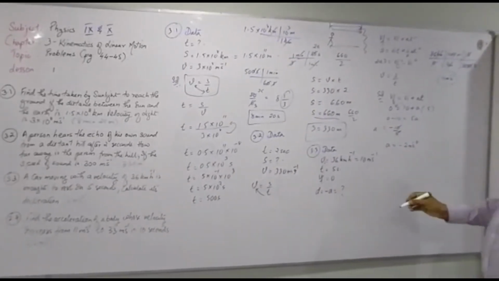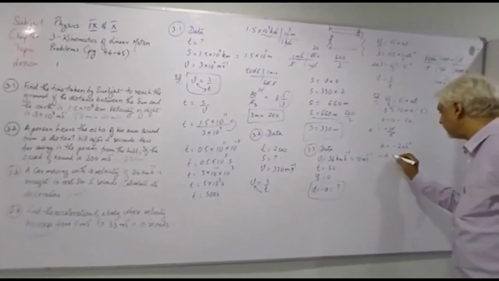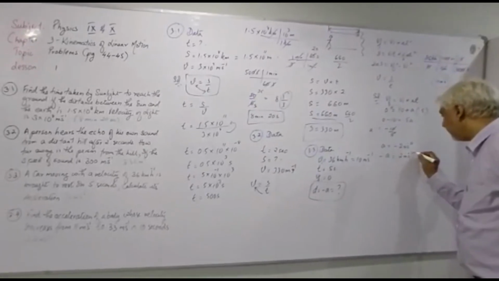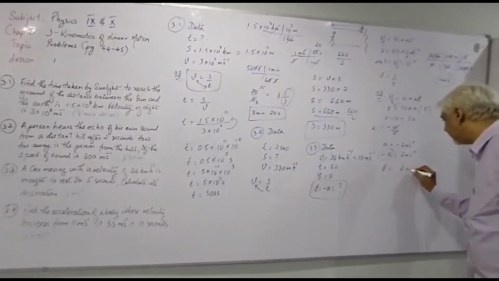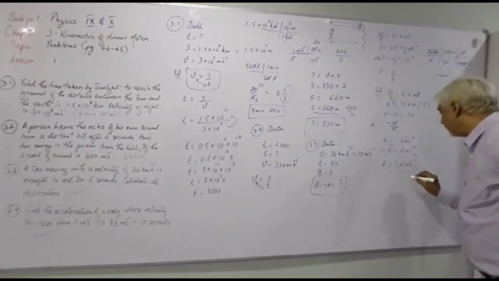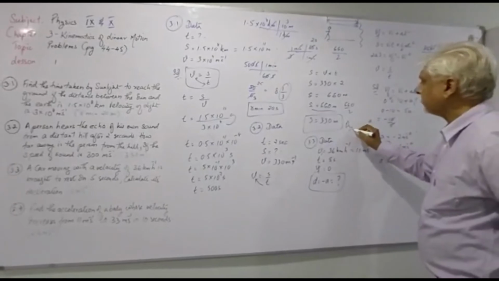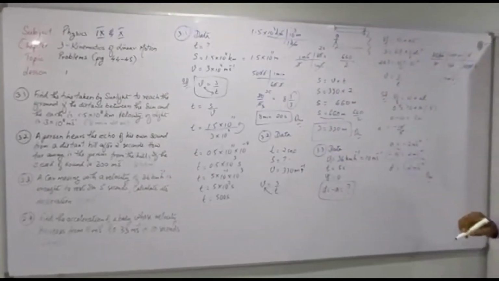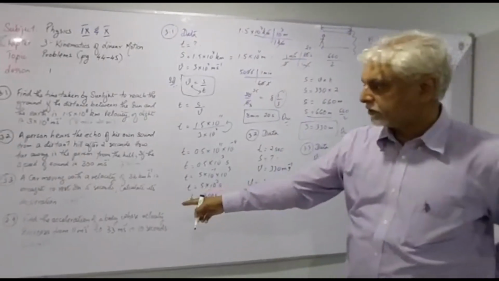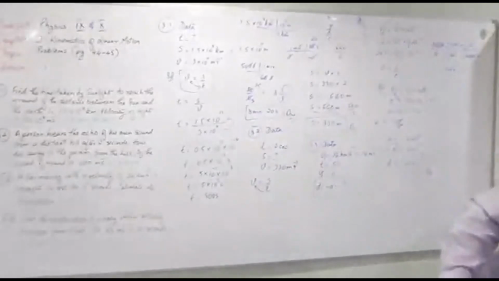Since they are talking about negative acceleration, minus a is equal to 2 meter per second square, and negative acceleration is your deceleration, so deceleration is equal to 2 meter per second square. There you are. So this is the answer. This is the answer for the second one, and this is the answer for the first one. Okay, very quickly I'll just go on to the last question of this first lesson today.